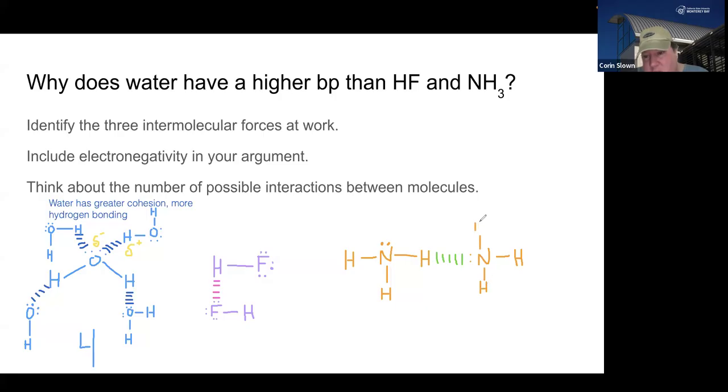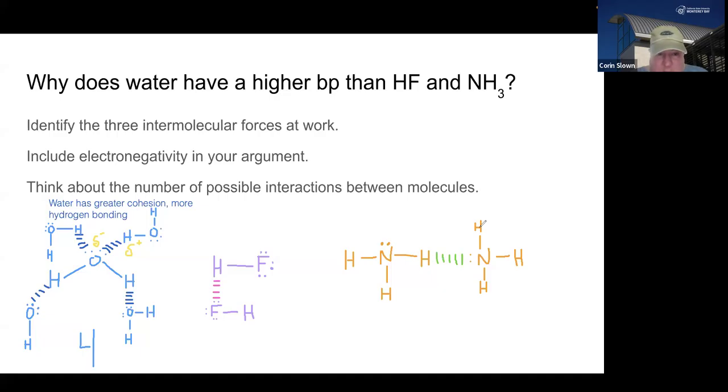Most folks would make this argument based on polarity, but that really fundamentally comes down to electronegativity. So ammonia, with its three hydrogen bonds, has stronger intermolecular forces than, say, HF.